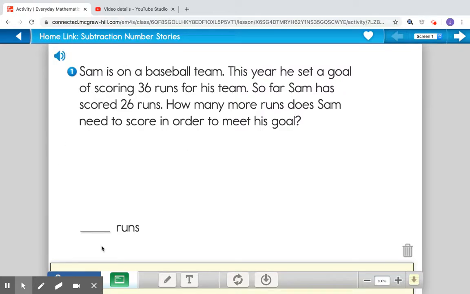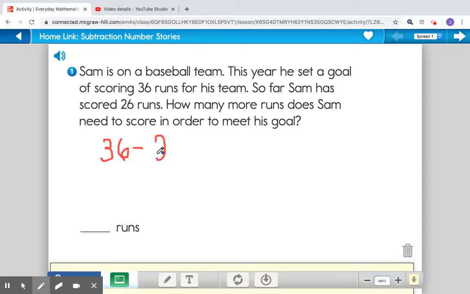I'm going to set the first one up for you so that you know what to do. And boys and girls, in these problems, you're going to subtract, you're taking away. So Sam is on a baseball team. This year, he set a goal of scoring 36. So we know he wants to score 36. I'm going to put my minus sign. So far, Sam has scored 26.